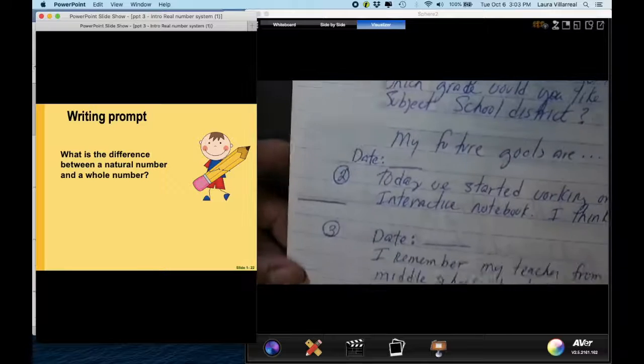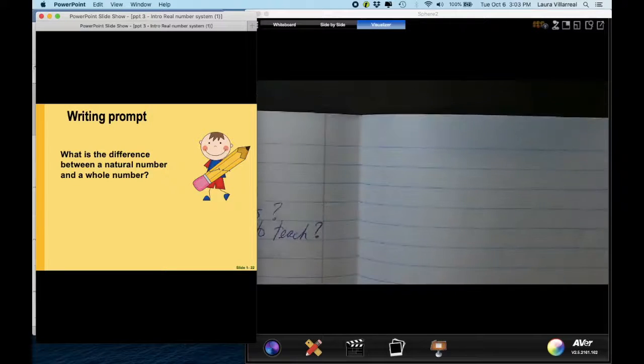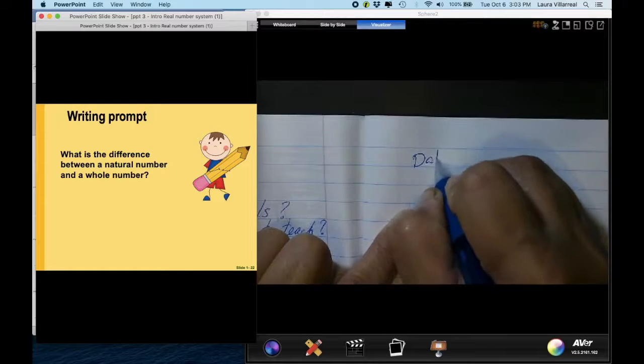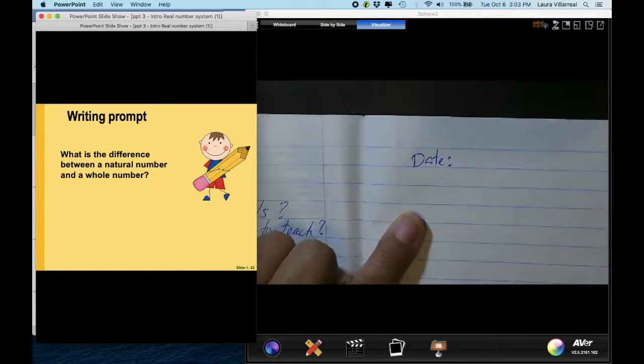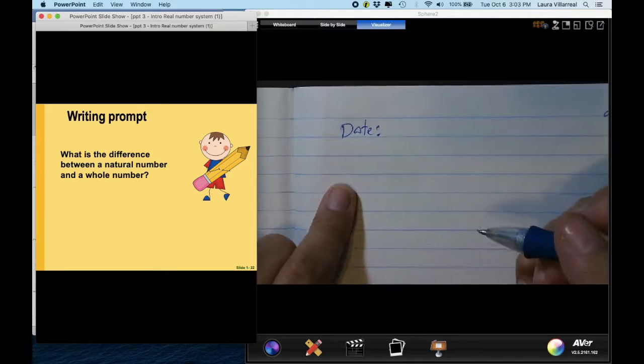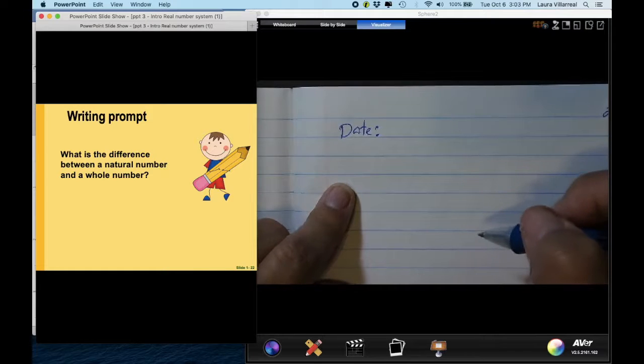We have already done a series of prompts, and now we're here. So let's begin with today's date, the date that you're working on this. And we're going to answer this question. Remember, our standards say that we need to practice oral and written communication.